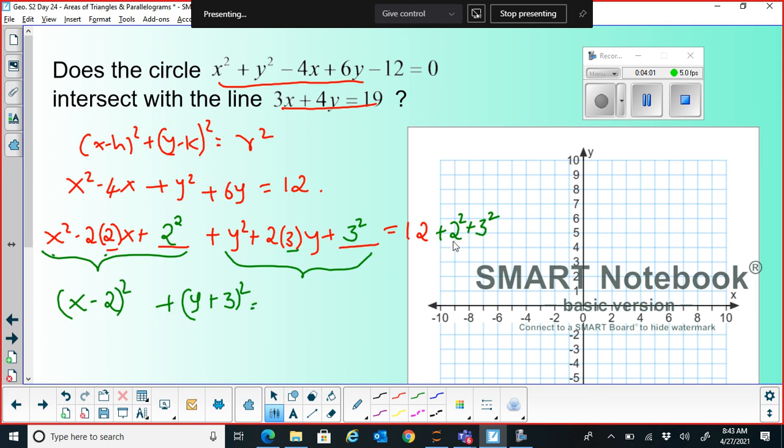Equals, further I can simplify this: 2 square is 4 and 3 square is 9. So let's add all of them. 12 plus 4 plus 9 gives us 25. 25 is nothing but 5 square, right? So I can write it as 25 or 5 square.